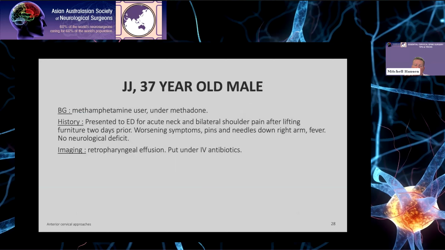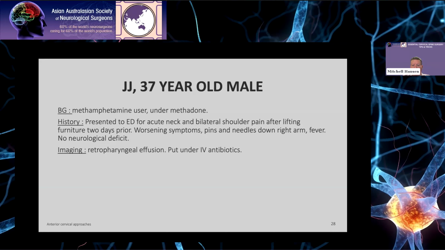A presentation that we get quite regularly now: a 37-year-old male who was on methadone and a methamphetamine user, presented to the emergency department with acute neck and bilateral shoulder pain after lifting some furniture. He had worsening symptoms, pins and needles down his arm, but no real significant neurological deficit.